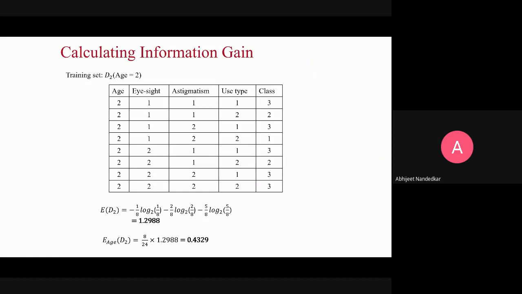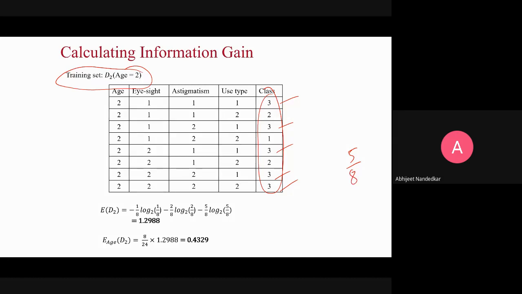Now then take the second portion of the table with age equal to 2. Then you check the mixture. There is again a mixture. How many class 3 samples? So you can see 1, 2, 3, 4, 5 class 3 samples. So probability is 5 by 1, 2, 3, 4, 5, 6, 7, 8.